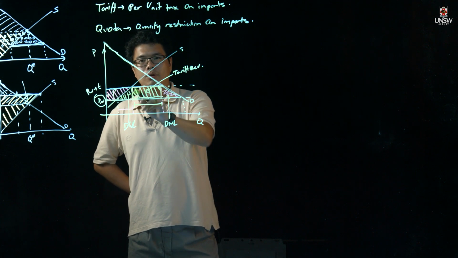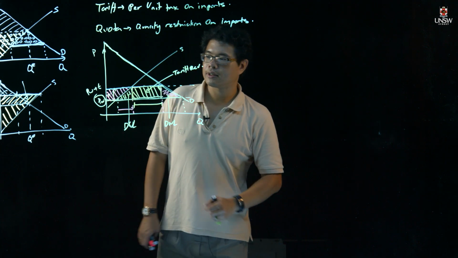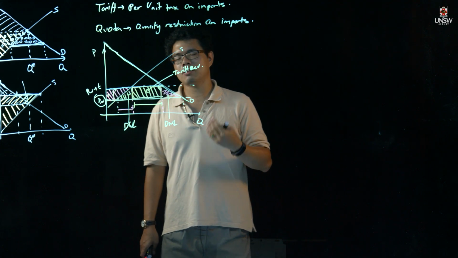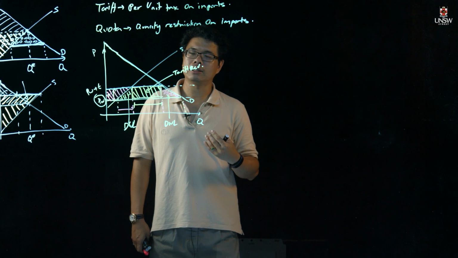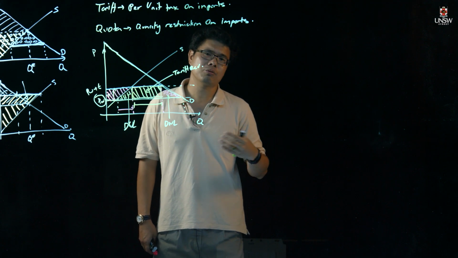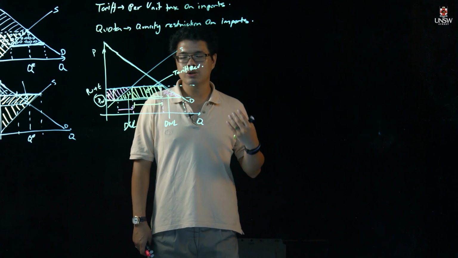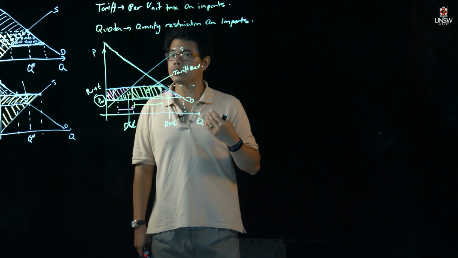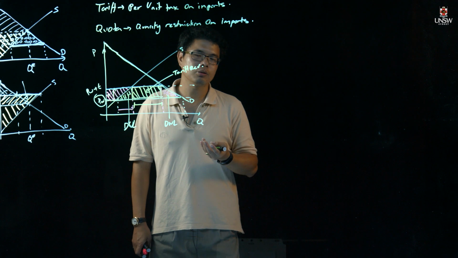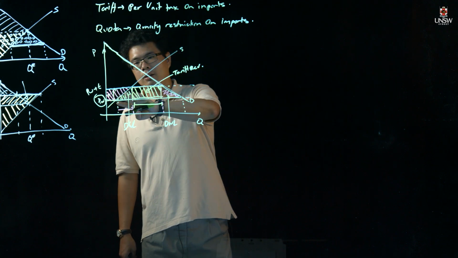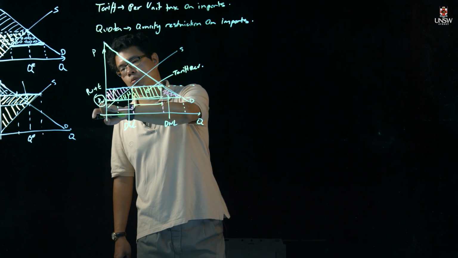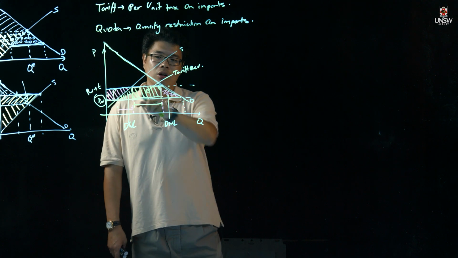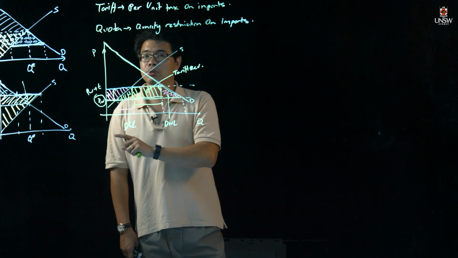How about this though? This is what we call producer loss. Because of the higher price, the price has been somewhat artificially inflated. That's what induces them to produce more. But in reality, if we were to consider the world price, a lot of these producers wouldn't actually be producing.